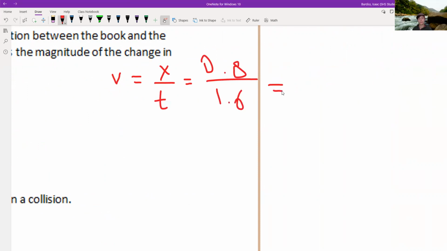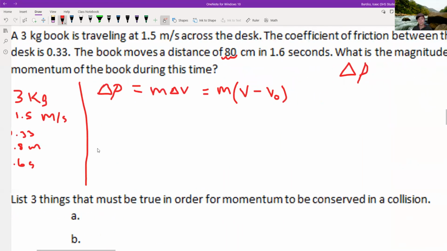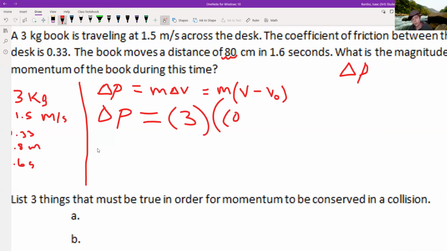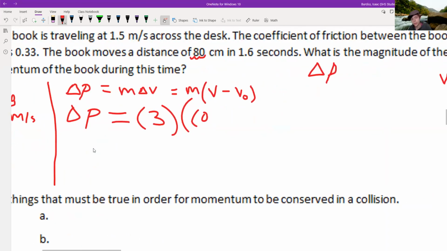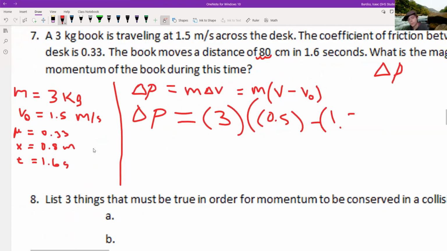Let's see. 0.5 meters per second. All right, now let's plug that in. Mass 3, final velocity 0.5 minus 1.5. So the change in momentum is 0.5 minus 1.5 times 3.